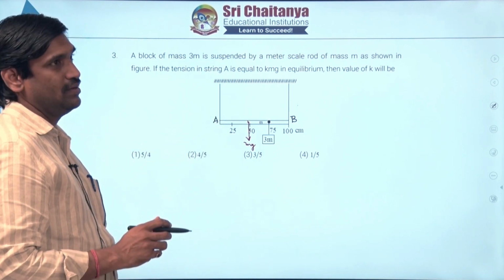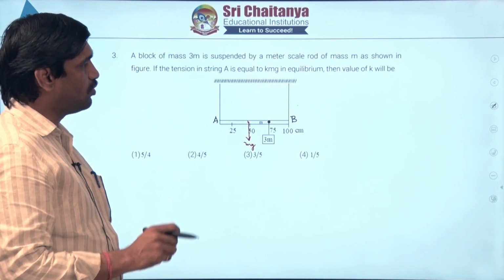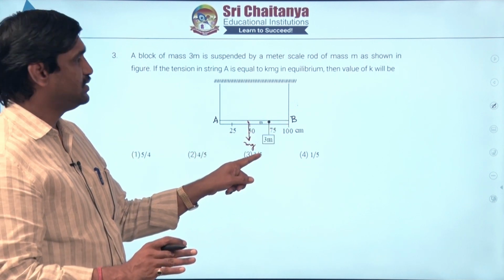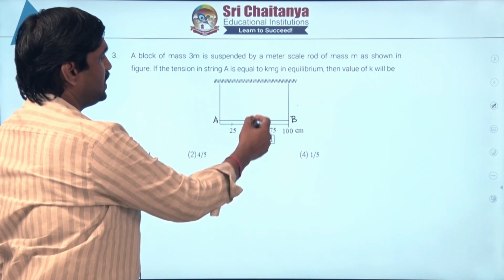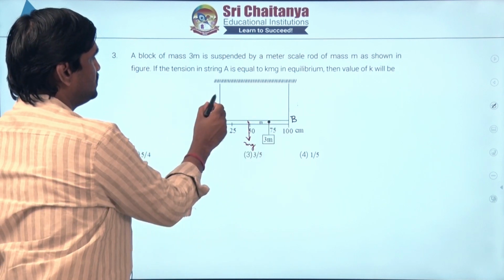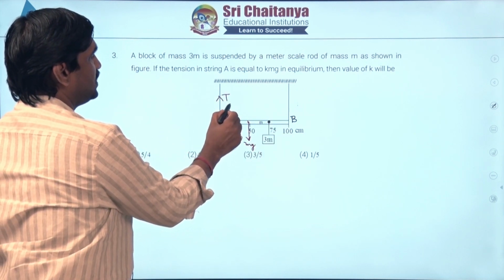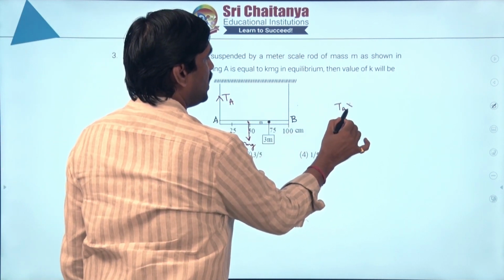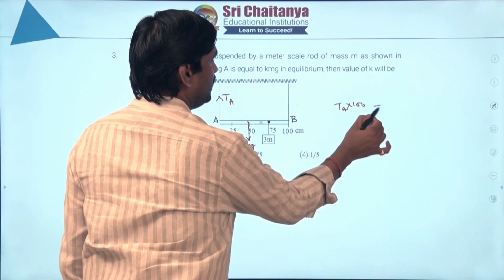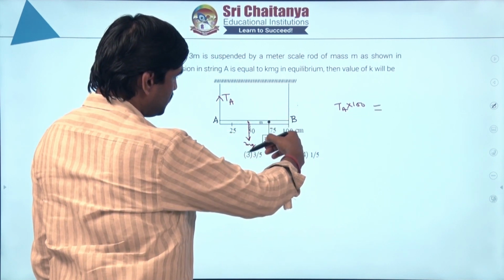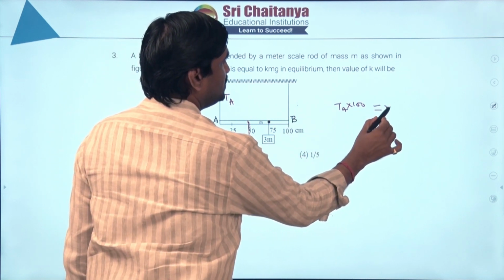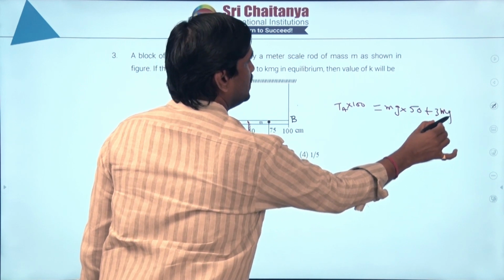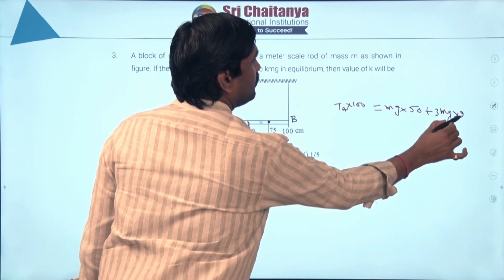Here we are applying the law of conservation of angular momentum. The angular momentum about B is constant. Then clockwise moment is equal to anti-clockwise moment. Clockwise moment is by means of tension in A. Now TA into 100 about point B is equal to the anti-clockwise moment, mg into 50 plus 3 mg into 25.